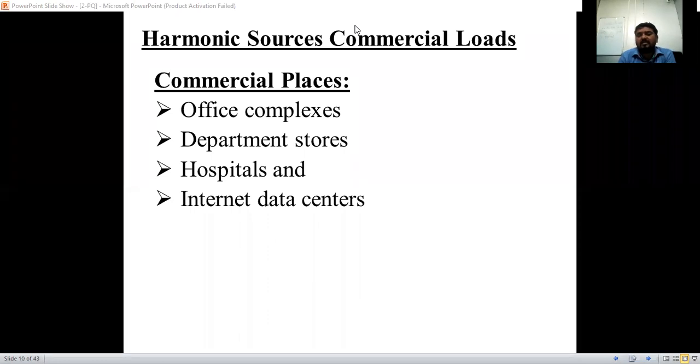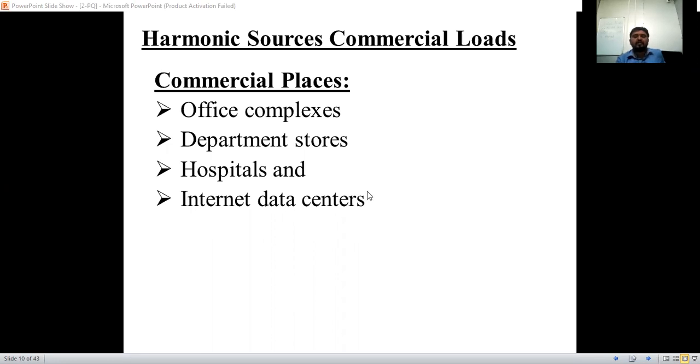Hospitals are commercial buildings, and internet data centers are commercial centers or offices. These are the commercial load places: office complexes, department stores, hospitals, internet data centers.